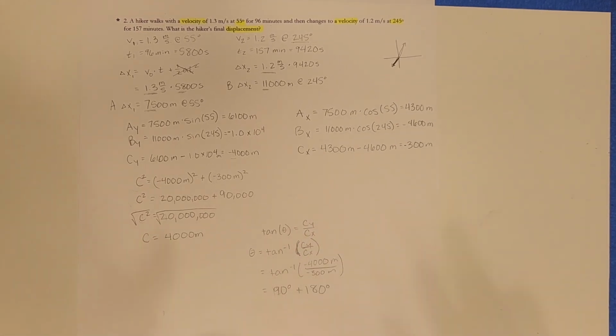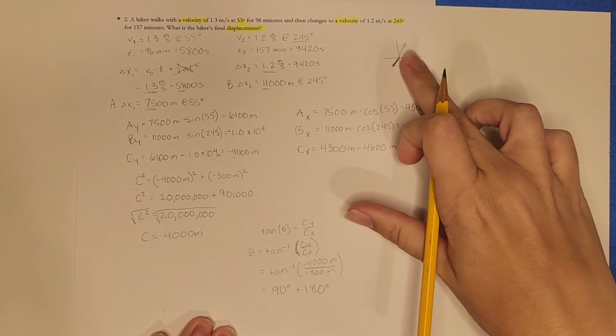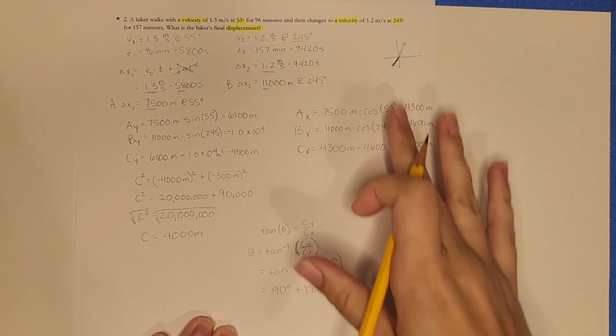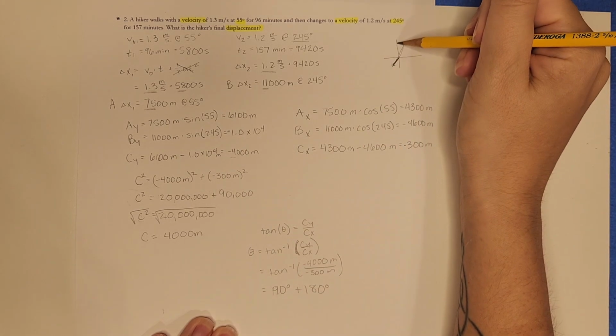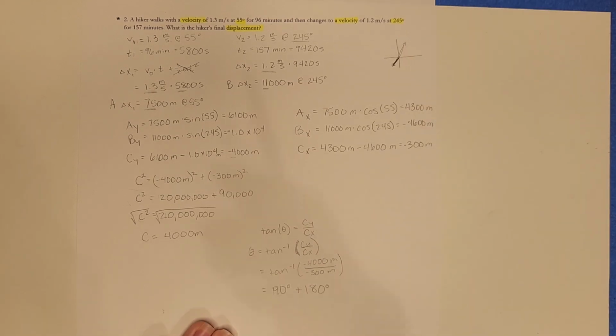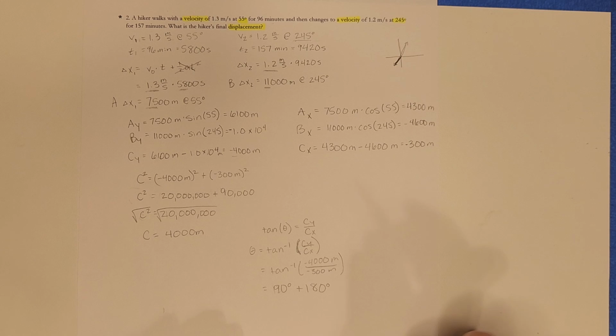And so the other thing too is if you saw 90 degrees, if you've drawn this out and you've paid attention to this, 90 degrees does not make sense, because 90 degrees would mean this person is going this way, right, straight up. And that's definitely not what happened if you are visualizing it.